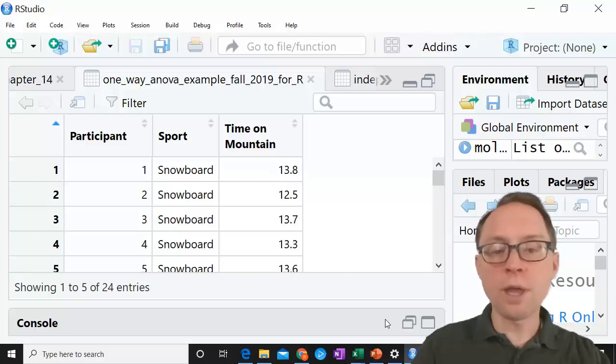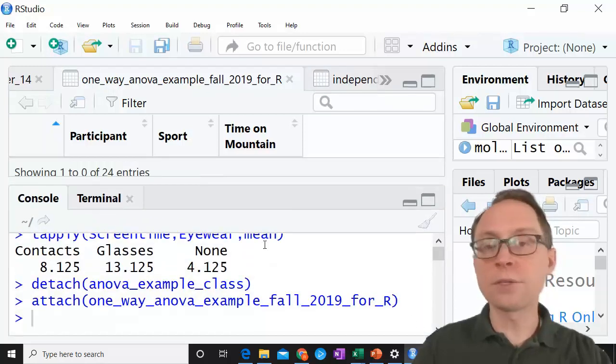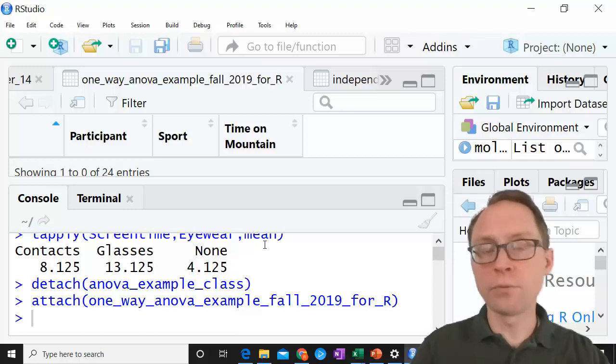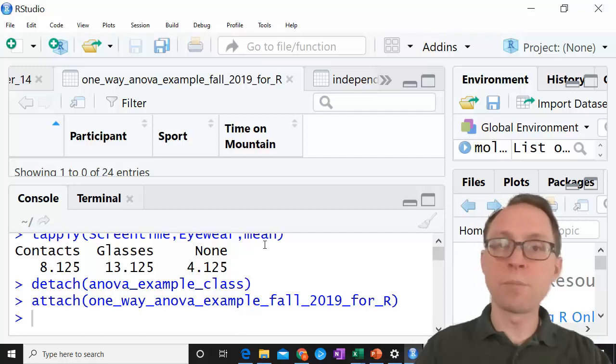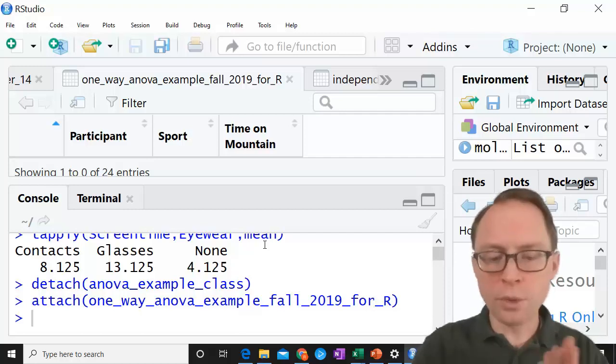So let's go ahead and run the analysis of variance like we did before, just to remind you what it looks like. Then we will look at the different kinds of pairwise tests. We'll look at a pairwise T-test, and then we will look at a Tukey's HSD, which is a post hoc test. So let's go ahead and start with this.